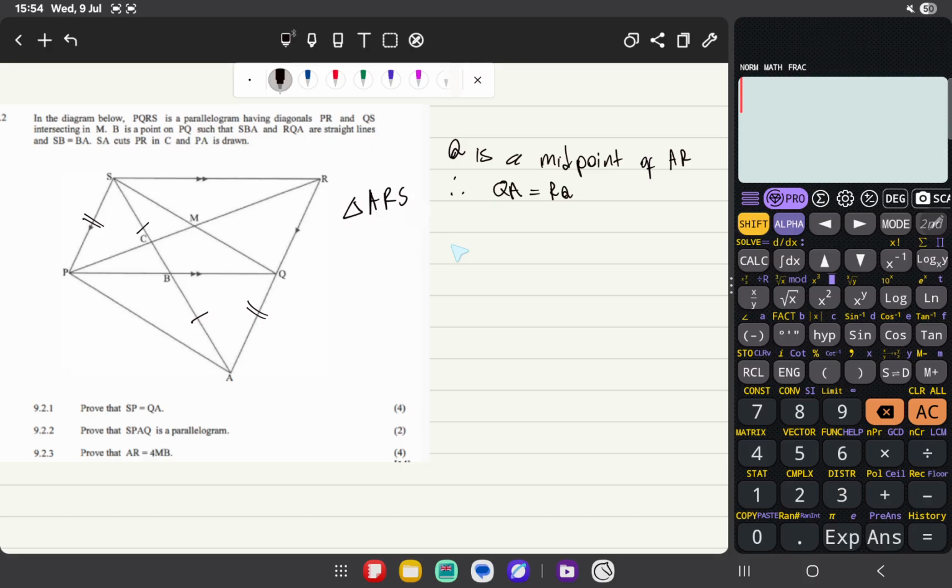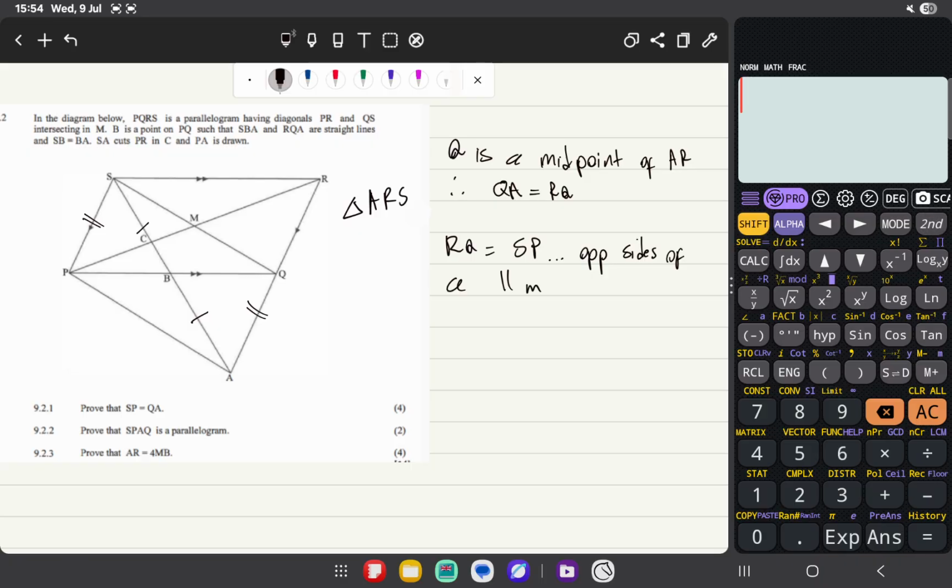And then you also know that RQ equals SP. And why are we saying that? Remember we were told PQRS is a parallelogram. So we'll say opposite sides of a parallelogram, we know they are equal.